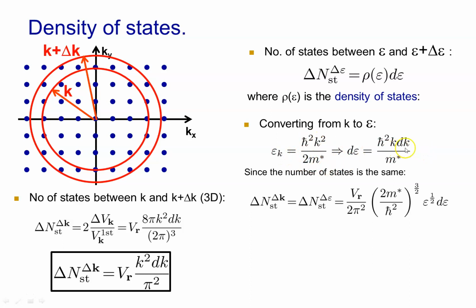A small change dk will also translate into a change in energy, but you have to figure out the relationship between these two. If I differentiate this, dε/dk is going to be h bar squared k over m star, or dε is h bar squared k dk over m star.